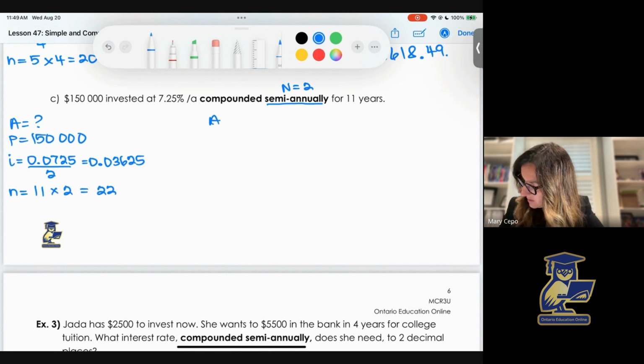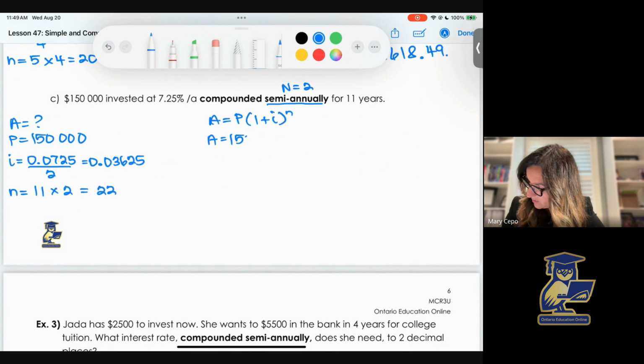So amount is going to equal principal times 1 plus i, all to the exponent of n: 150,000 times 1 plus 0.03625, all to the exponent of n, which is 22.